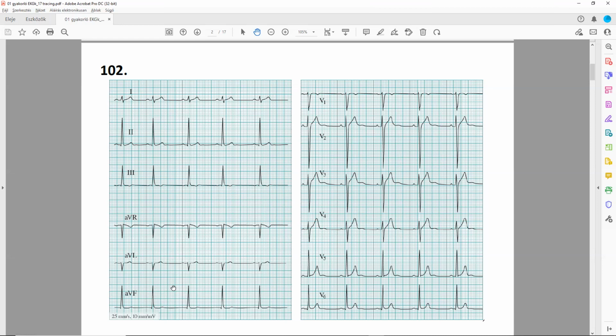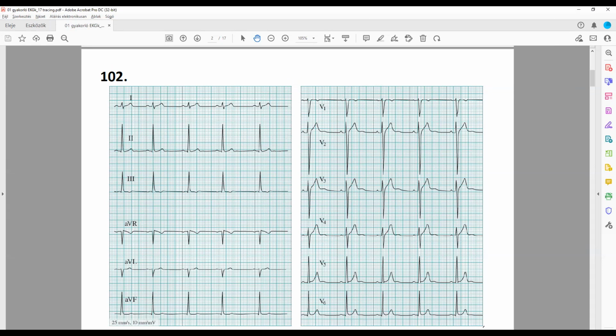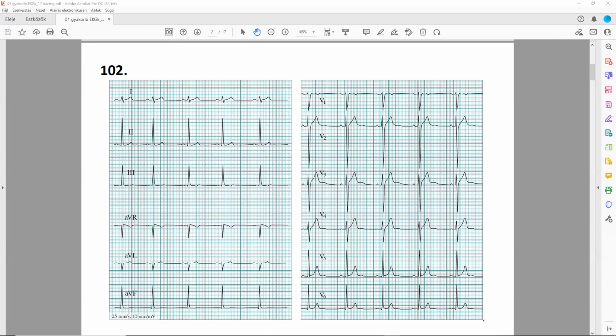It's exactly perpendicular to lead number 1, so 90. Perpendicular to lead number 1 is plus 90 or minus 90, but AVF is positive, so that means it's plus 90 degrees. Okay, that's good. All right, so it's 90.